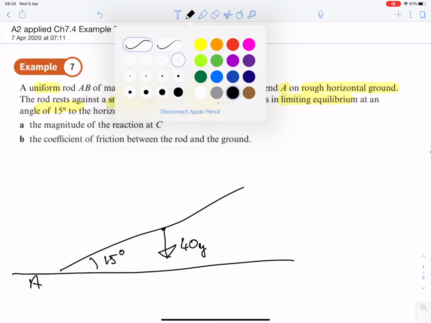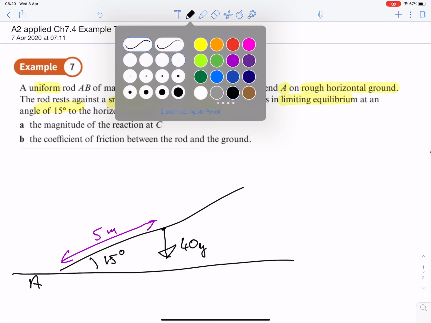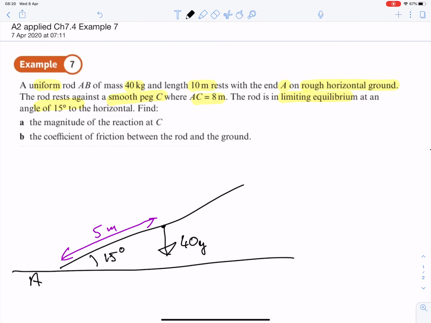We know that the total length is 10. So that to there is 5 metres, and then we've got a pivot or a smooth peg at C, so that's C, and that, AC was 8, so that is a further 3 metres.